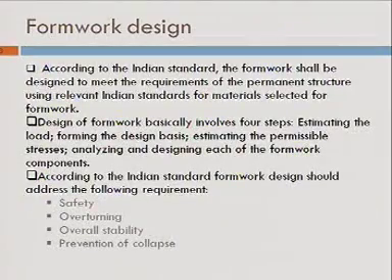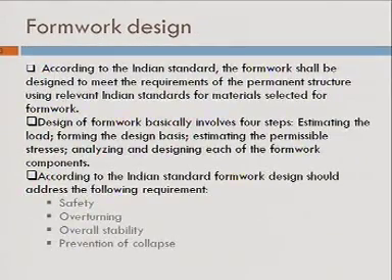Now, there are certain requirements when you are trying to design a formwork. The important ones are the safety. Safety is paramount. Overturning. Sometimes you find that your loads are not evenly applied onto the formwork.